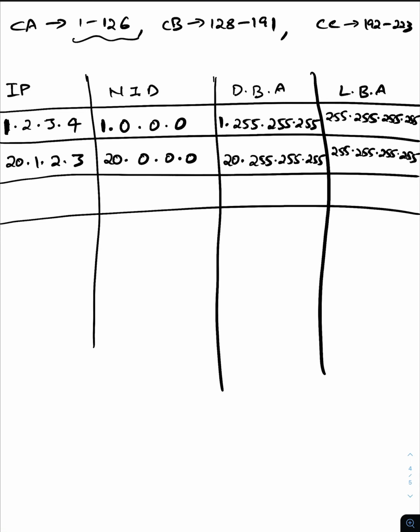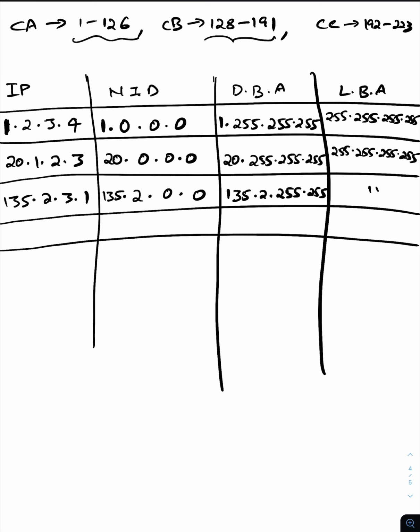Let's take an example from class B. Let's take 135.2.3.1. Since it's a class B network, and 135 lies between 128 and 191, your network ID is the first 16 bits, 135.2, followed by two zeros. So 135.2.3.1 belongs to the network 135.2.0.0, and your direct broadcast address is 135.2.255.255.